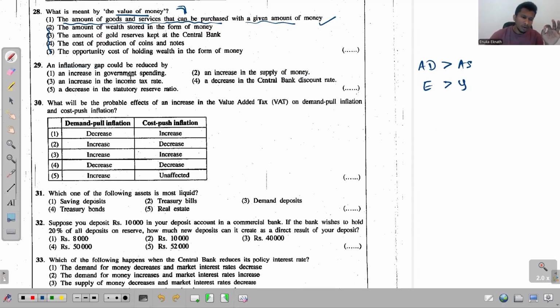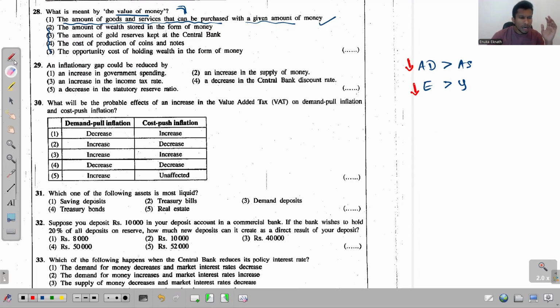So if it is required to reduce this inflationary gap, you simply need to reduce this aggregate demand, or you simply need to reduce this aggregate expenditure, right? So if it's possible to reduce one of these, you can reduce the inflationary gap as well.